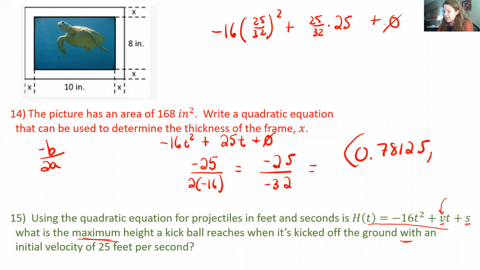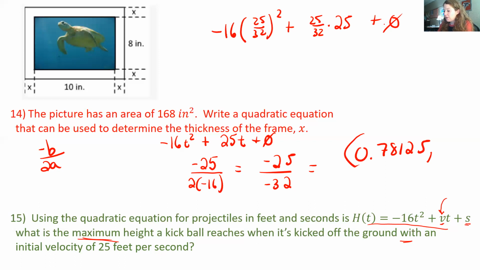So I'm going to have negative 16 times 25 over 32 squared plus 25 times 25 over 32.